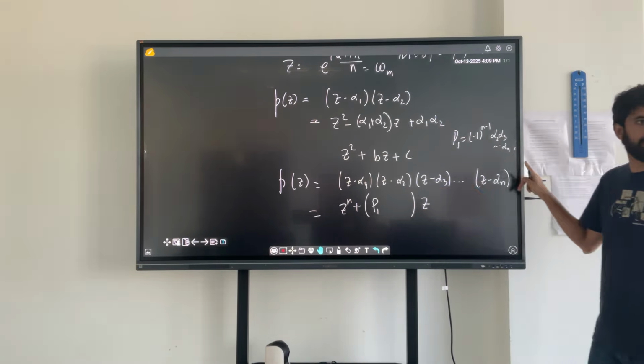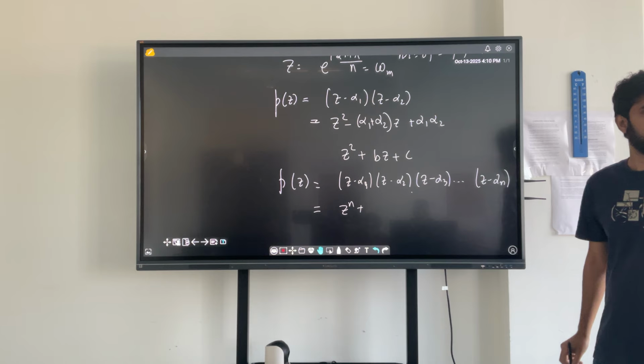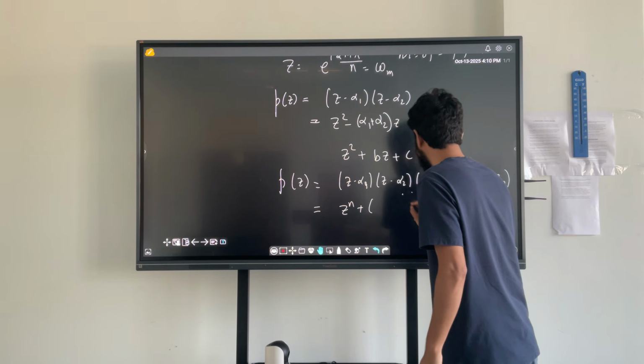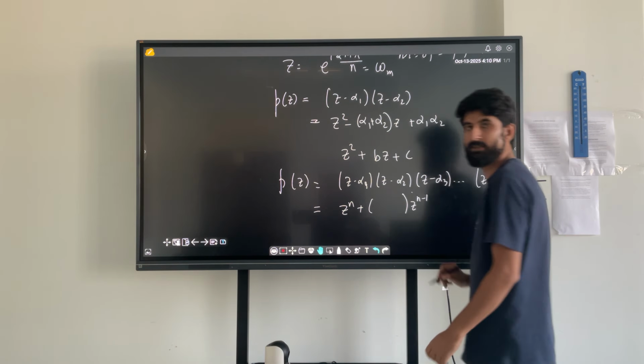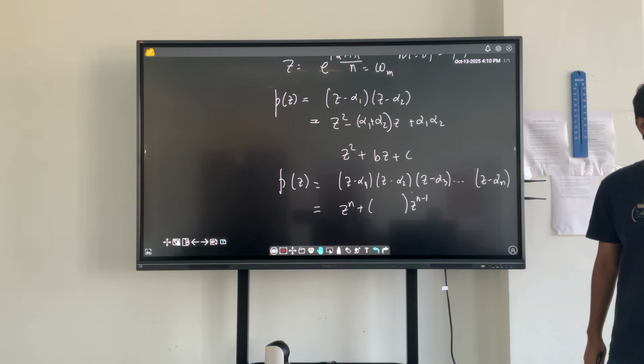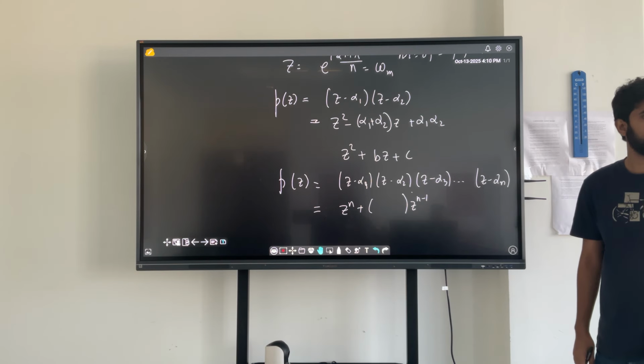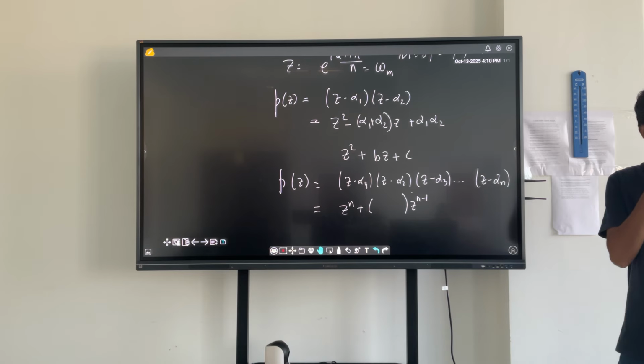What about Z to the power n minus 1? Tell me one choice which will give me Z to the power n minus 1. Z to the power n minus 1 times the product of the respective zeros.